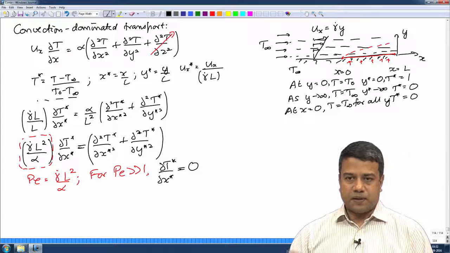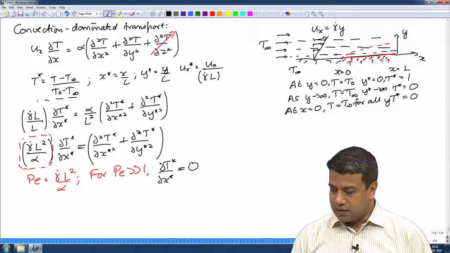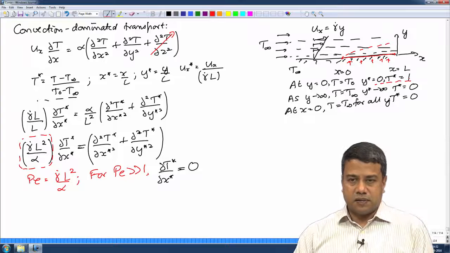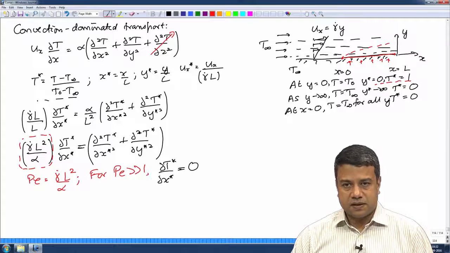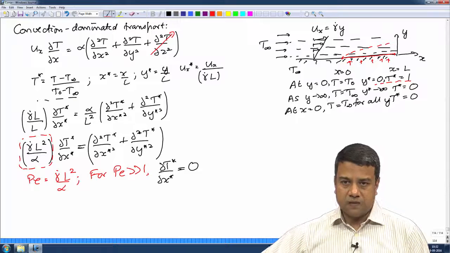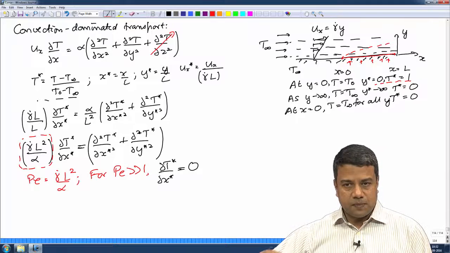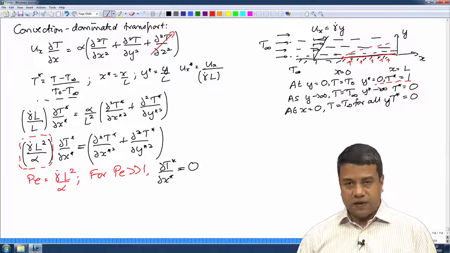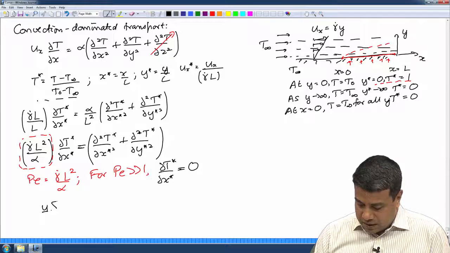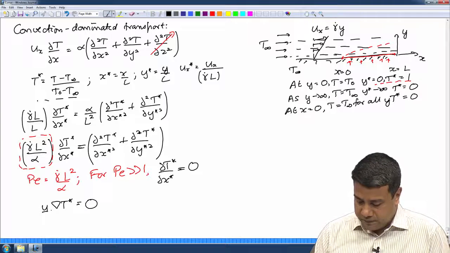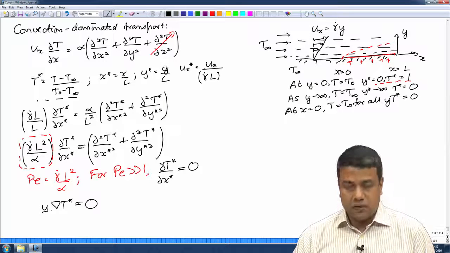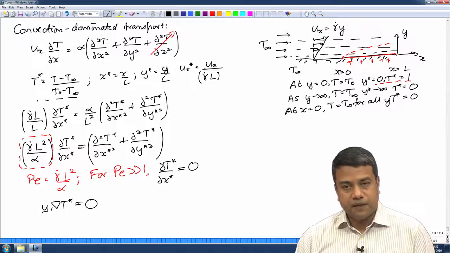The temperature is the same everywhere, and there is no way to satisfy this boundary condition that T star is equal to 1 at y is equal to 0, because at the entrance T star was 0. Therefore, as it goes along the fluid velocity streamlines, the temperature has to be the same. In fact, in the high Peclet number limit, if I neglect the diffusion terms, the equation just reduces to u dot grad T star is equal to 0.